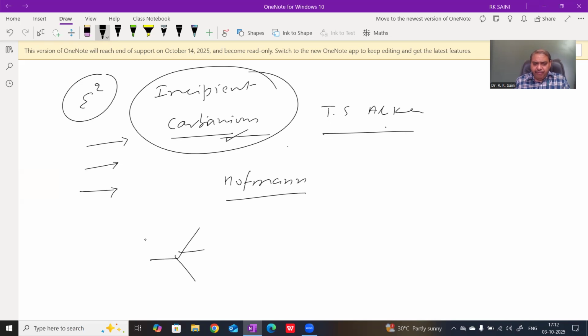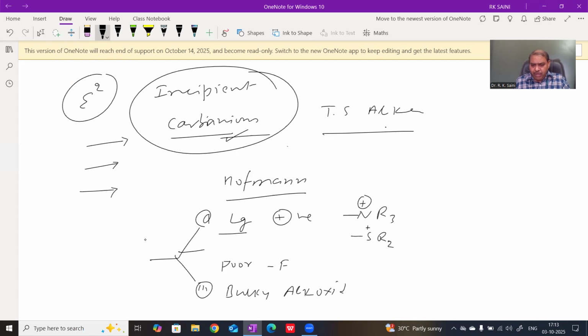For example, if the leaving group carries a positive charge, for example trialkylamine or dialkyl sulfur, such positively charged leaving groups, or the leaving group is a very poor leaving group, for example fluorine is a very poor leaving group, or the base is a very bulky alkoxide ion, a strong base, then fission of the C-H bond is greater than the fission of the leaving group from the alpha carbon.